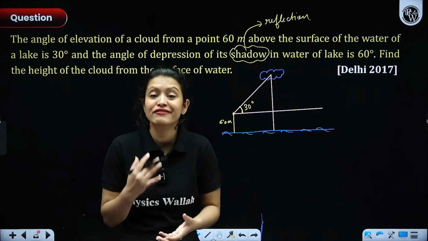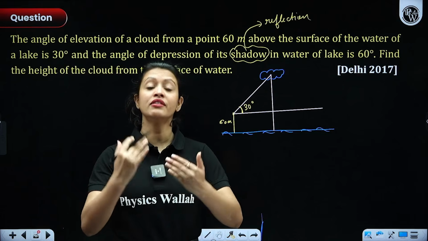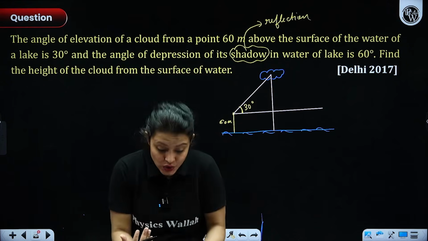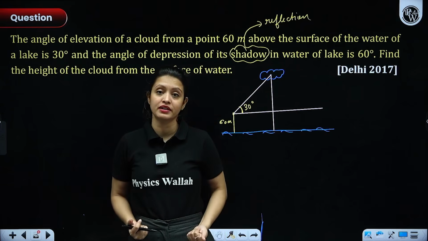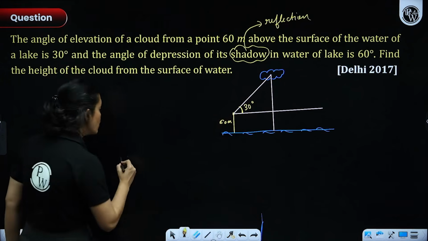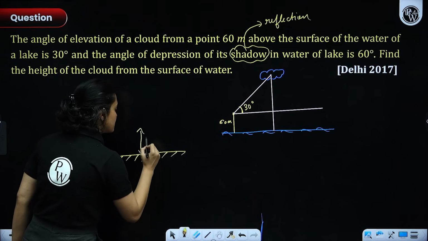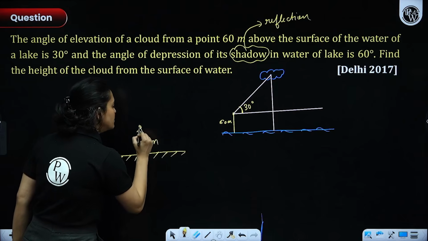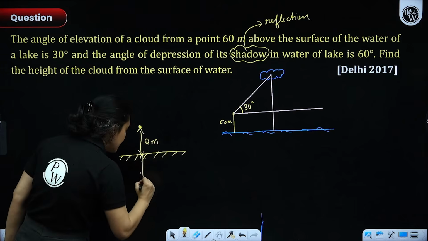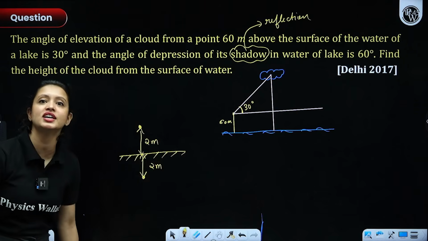Ab yahan par remember physics, guys. In physics you have studied that in a mirror the reflection of the object is as far away from the surface of the mirror as the object is far away from the surface of the mirror. Okay? That basically applies to reflection also. So if you have an object that is, let's just suppose, 2 meters away from the surface of this water here, so its image will also be 2 meters away from the surface of the water in the opposite direction.